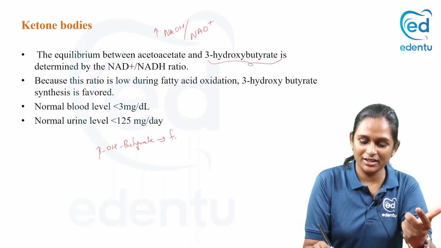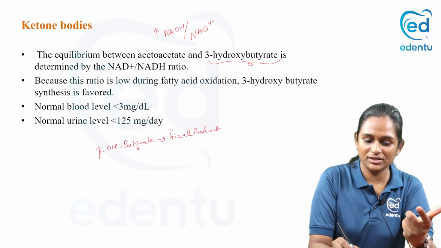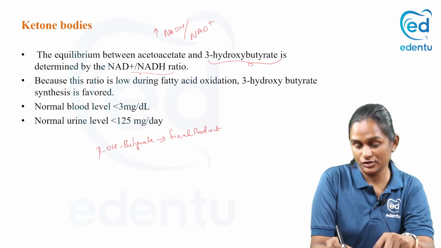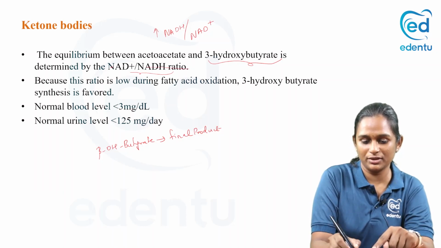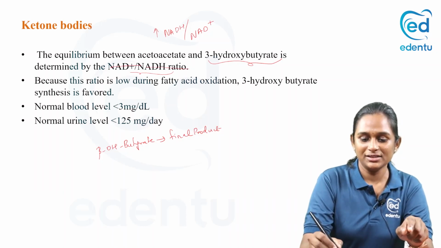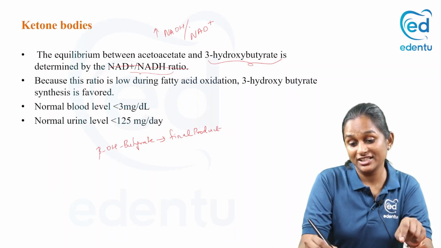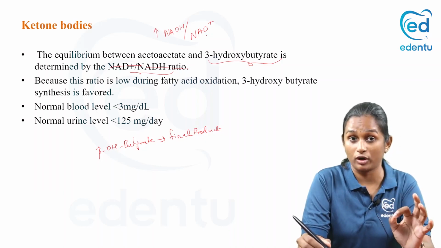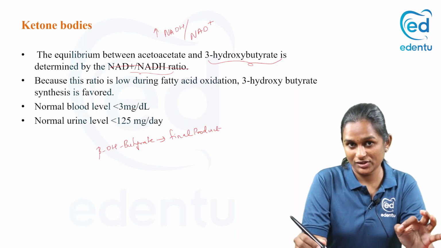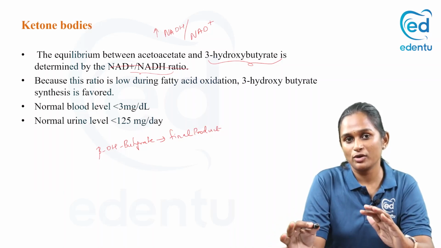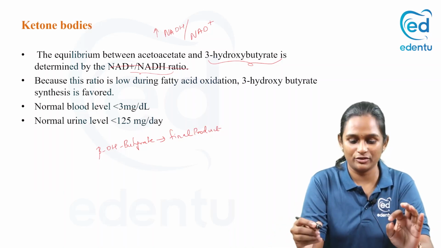Here I have mentioned the NAD plus NADH ratio, don't get confused. This one will be quite easy for you to remember. Since the NADH to NAD plus ratio will be more when the fatty acids are getting oxidized, the final ketone body formed will be beta hydroxybutyrate.